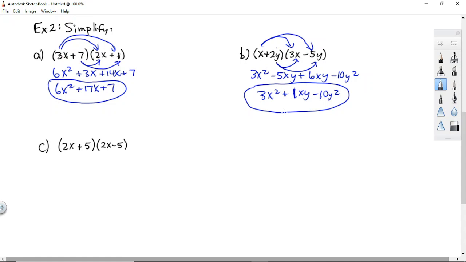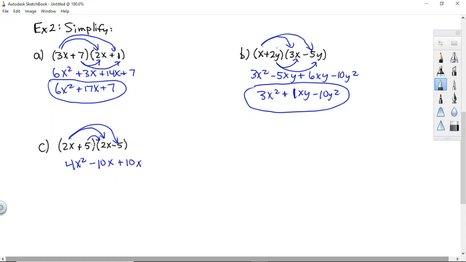Okay, so we have one more. Let's do it. Take the 2x times 2x. That's 4x squared. 2x times negative 5 is negative 10x. Okay. And then we take 5 times 2x, and that's plus 10x.